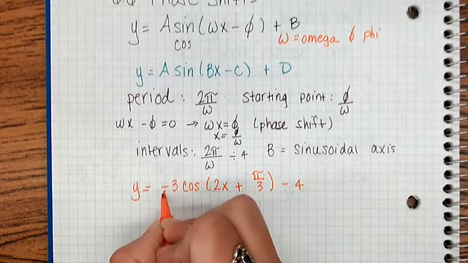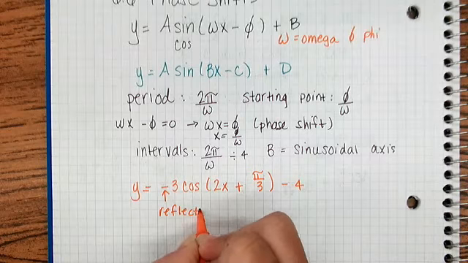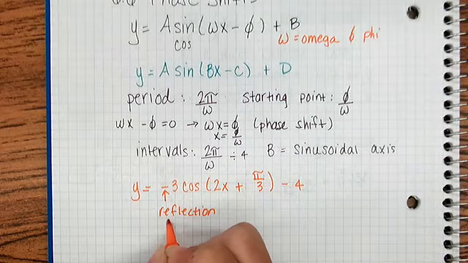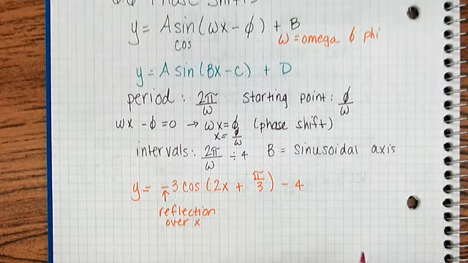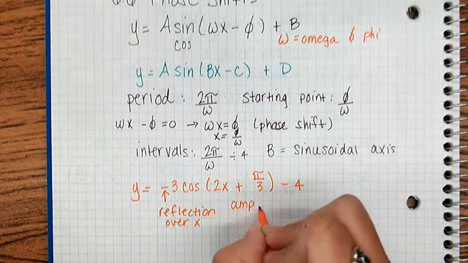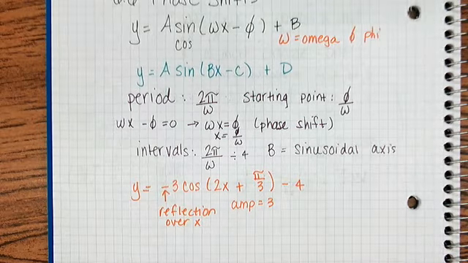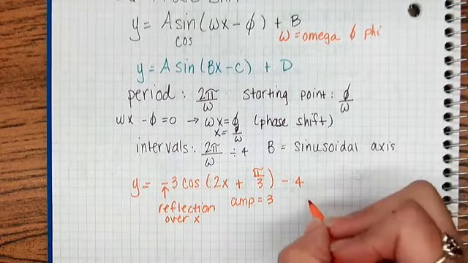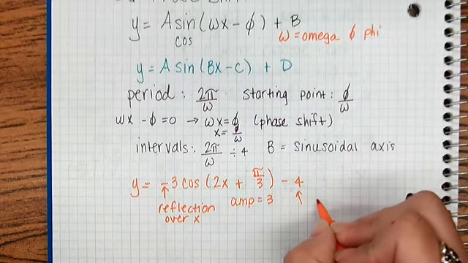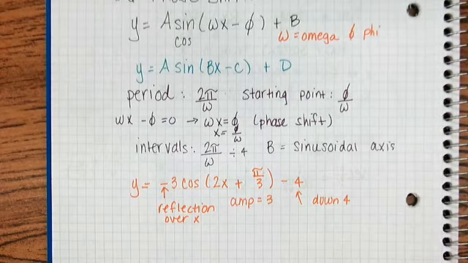So the negative means it's a reflection. Remember, amplitude is never negative. So this is a reflection over x. The amplitude is 3, the absolute value of A. This is a shift down 4.